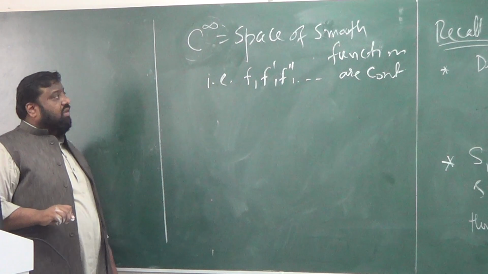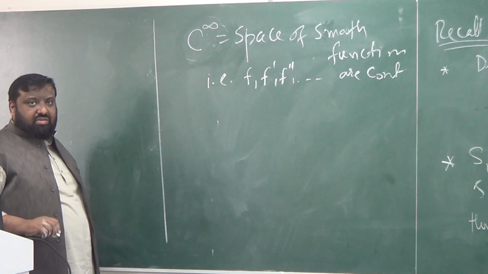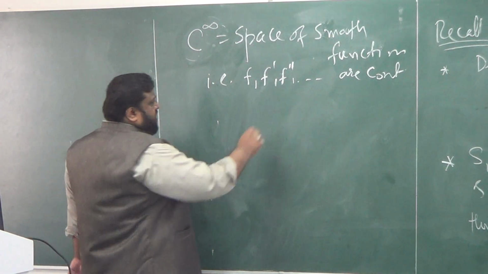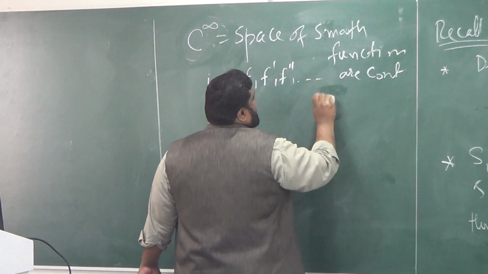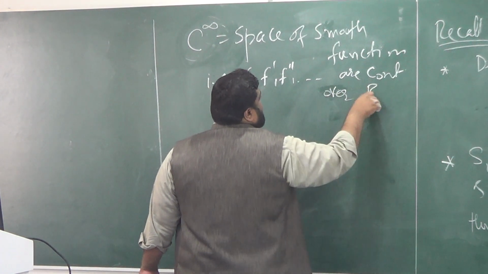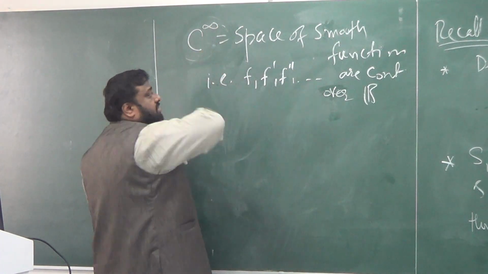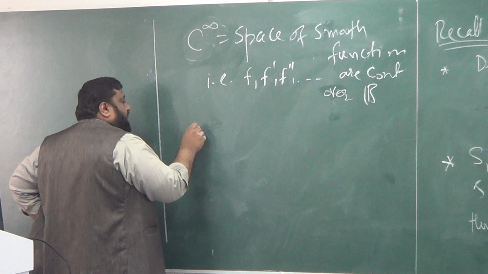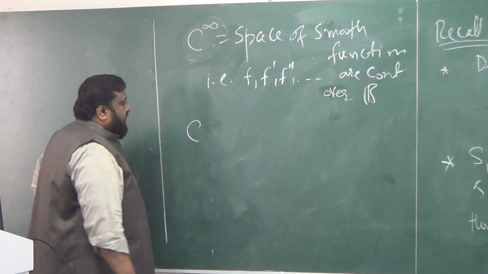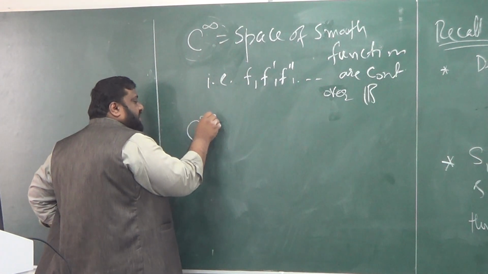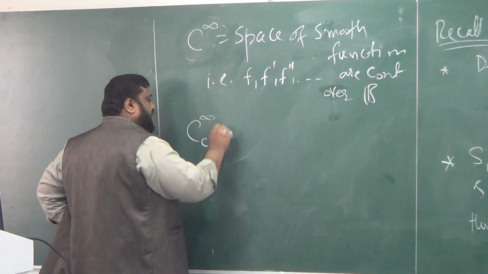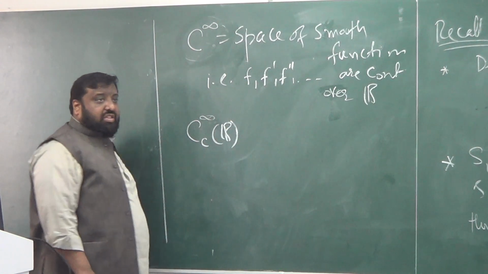Okay, so this is the space of continuous functions over R. Over R, if you want to put an R here, or the interval basically. But here is the space C infinity C of R. What does it mean?